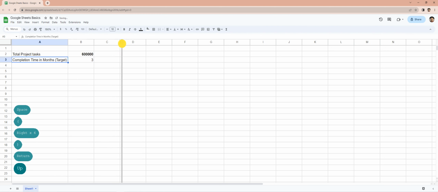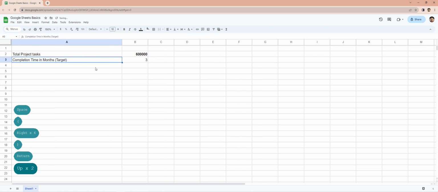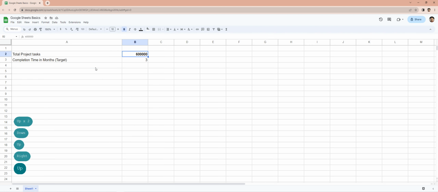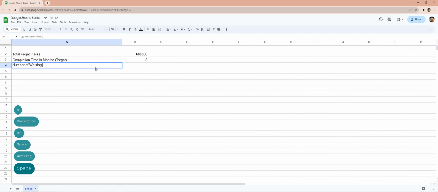Now there are certain given items in the project which cannot be changed. For example, the total number of tasks we have is 6 lakhs, and the time to complete is within 3 months, and the number of working days in a week.